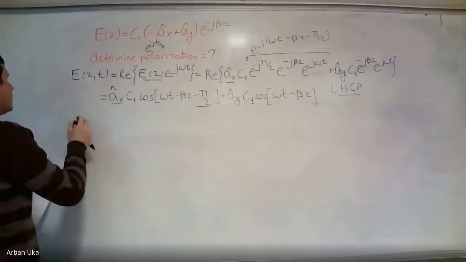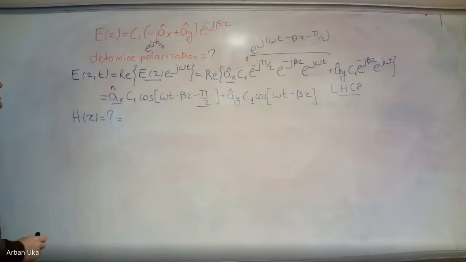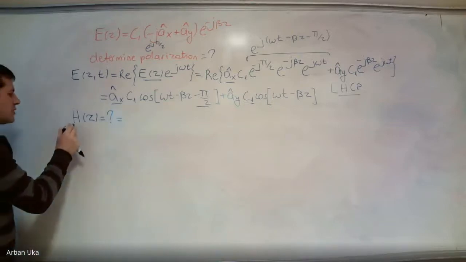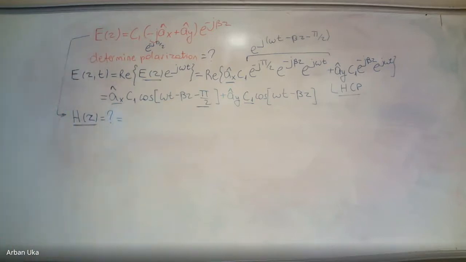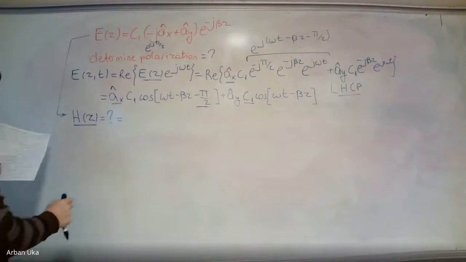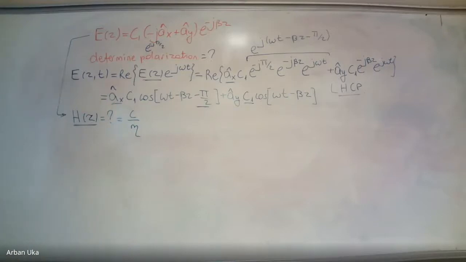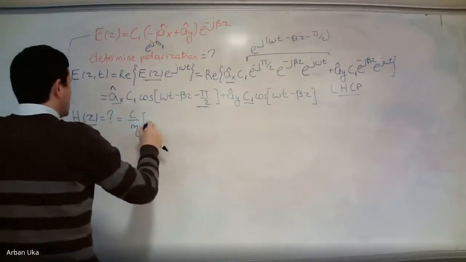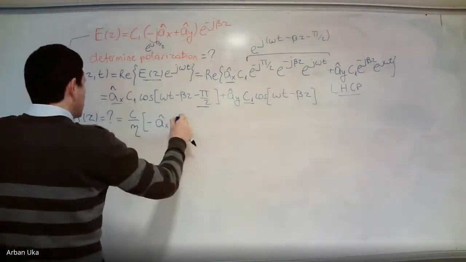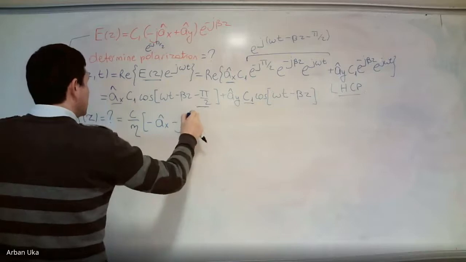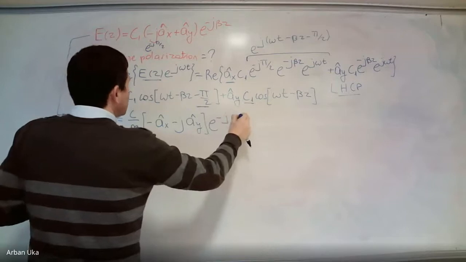We can try to determine what is H. Find H, but the phasor, not the instantaneous expression. So this one we can try to determine from the initial phasor that we have, and this can be written as C over eta, the intrinsic impedance, times minus AX, okay, minus jAY, times e to the power minus j beta z.